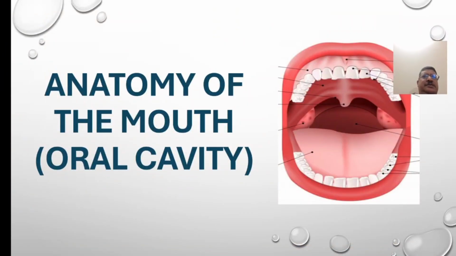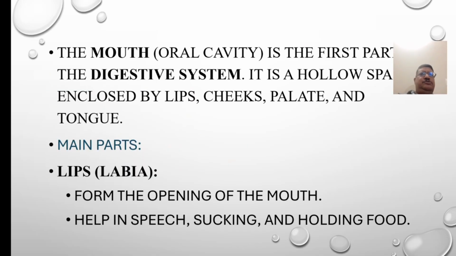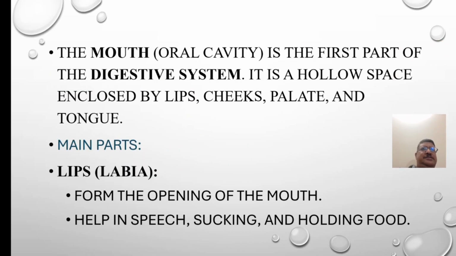Now, anatomy of the mouth. The oral cavity, the mouth, is the first part of the digestive system. It is a hollow space enclosed by lips, cheeks, palate, and tongue.